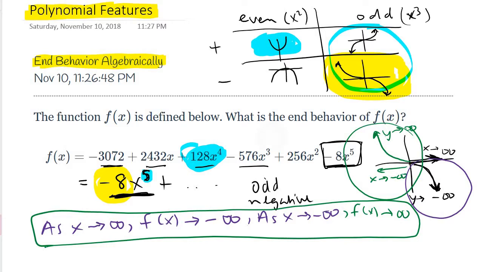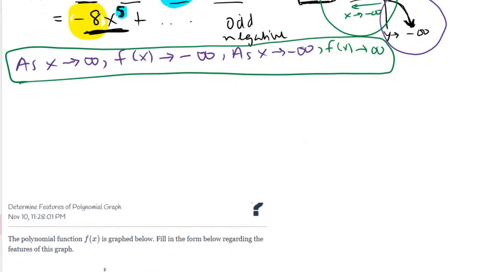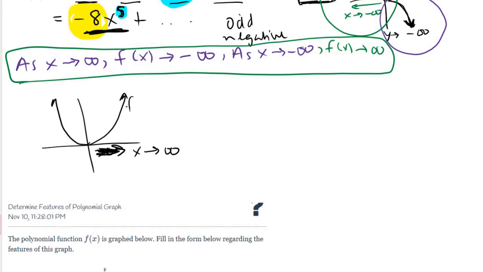So let's scroll up a little bit so you can have an idea what's happening if it's positive or infinity. So let's say you decide it's even and positive. It's going to look like this. So as x is going to the right, as x goes towards infinity, then f of x is approaching also infinity because it's going up, they are positive.